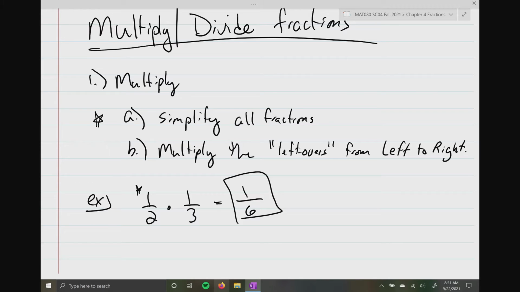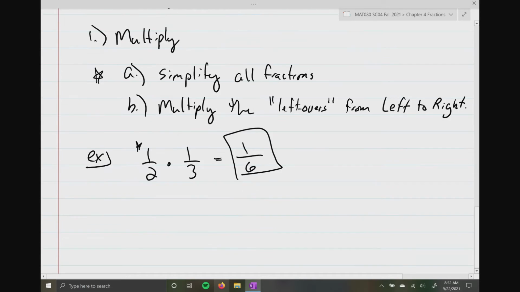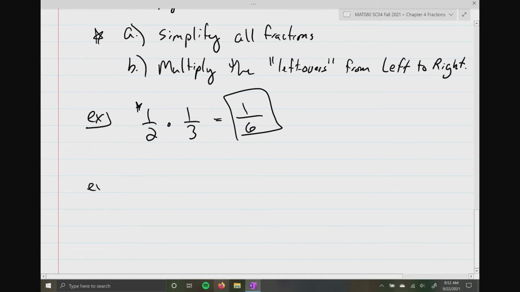Now, let me show you an example where we get to simplify a little bit. Five eighths times 4 sevenths. Now, like I said, just watch. I'll let you write this down. All right, I'll give you a minute.